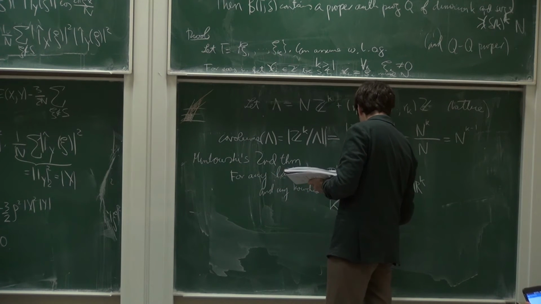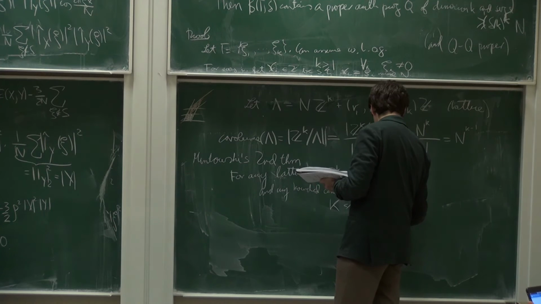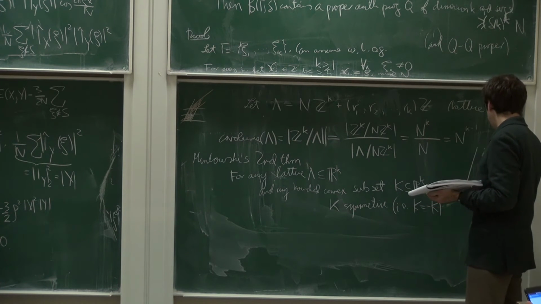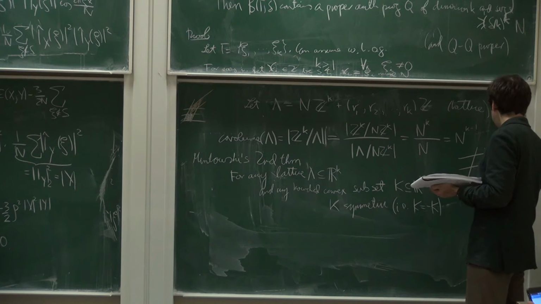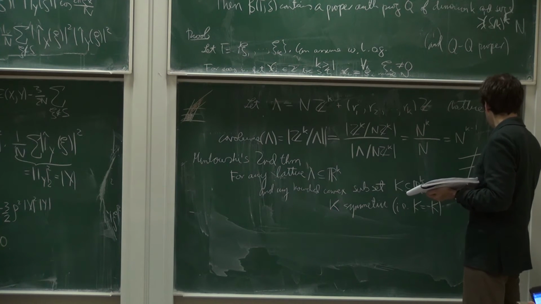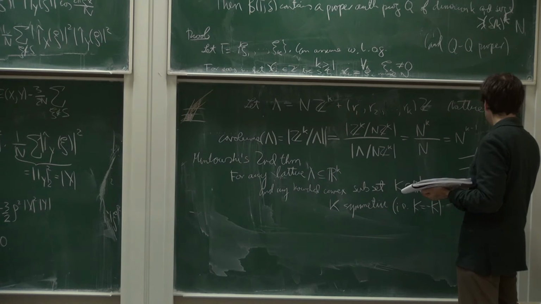By symmetric, I just mean symmetric around the origin, i.e. K is equal to minus K. So what's going to happen? First, I would like you to get a clear picture in your heads. So I have this lattice, and I am told what its covolume is, and I have some sort of blob, but at least it's a convex symmetric blob.